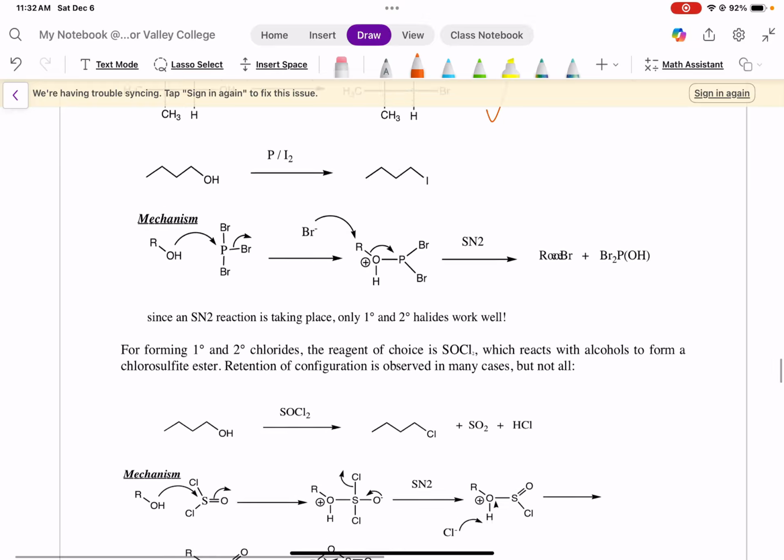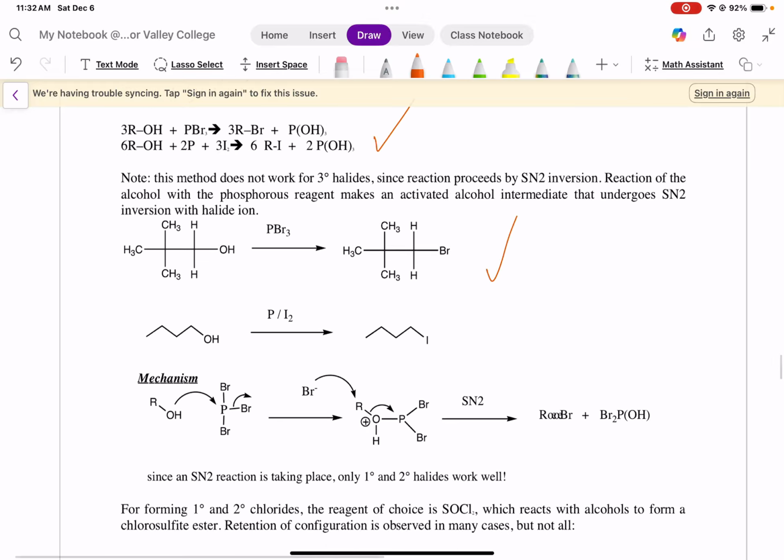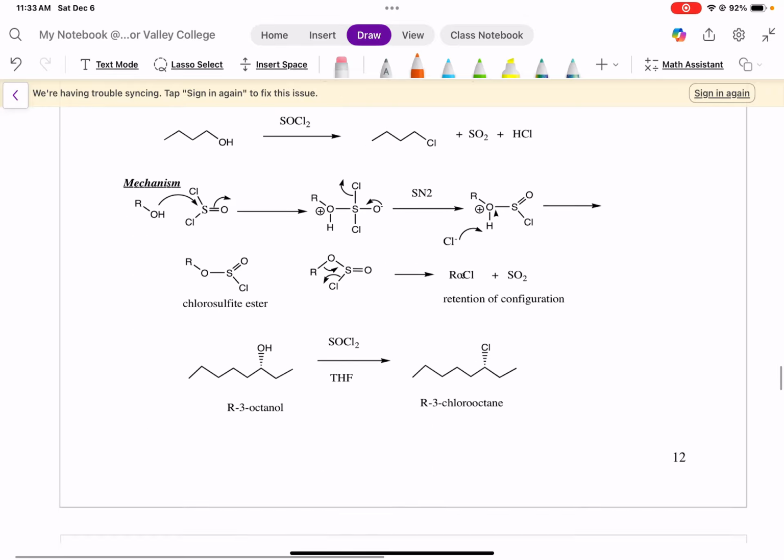Here's a couple of examples. We want to replace with iodide. It looks like here we have a primary. Now mechanisms should be very straightforward.